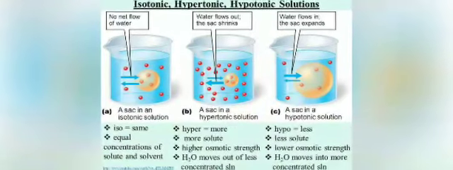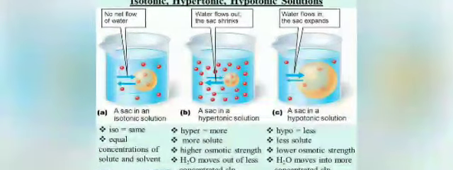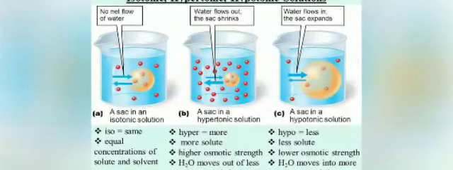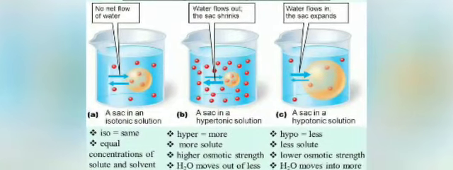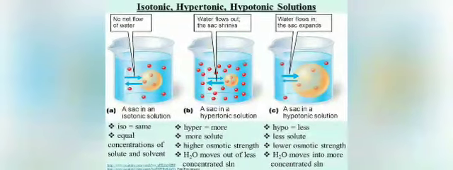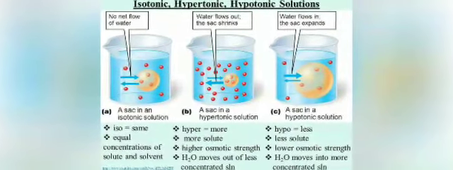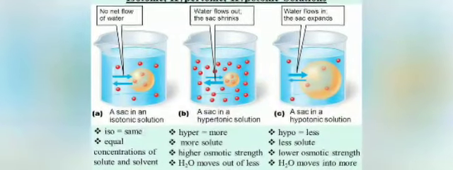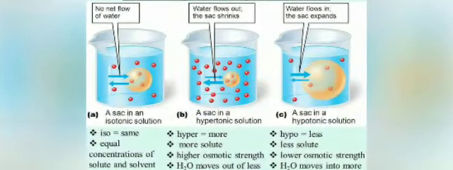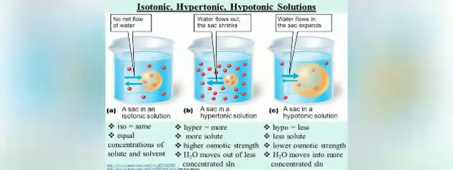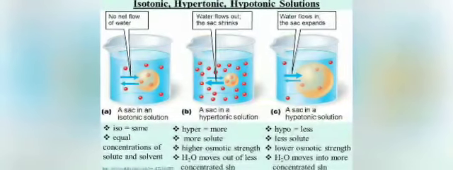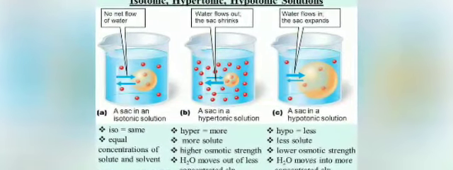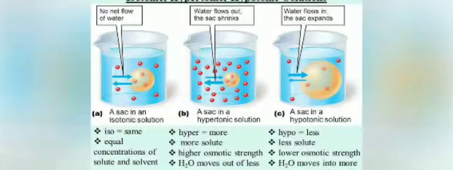As you can see, if the medium has exactly the same water concentration as the cell, there will be no net movement of water across the membrane. No net movement. Such a solution is known as isotonic solution. Iso means same, and equal concentration of the solute and the solvent. So what happens here?